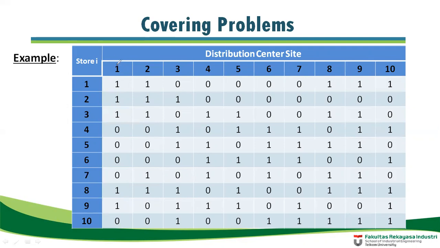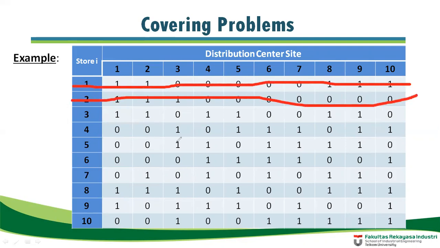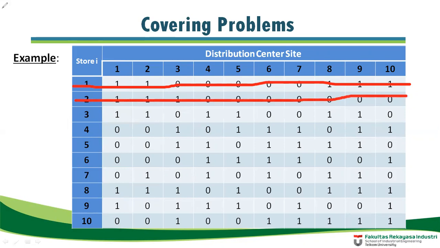So DC number 1 serves stores number 1, 2. Sorry, you can draw a very accurate line, so it helps you to reduce errors.